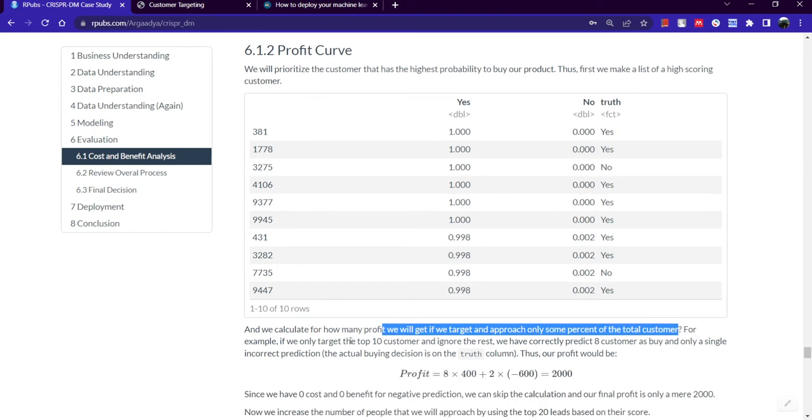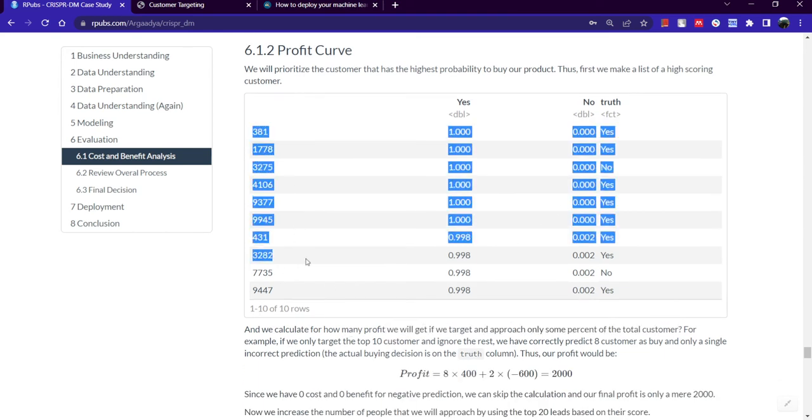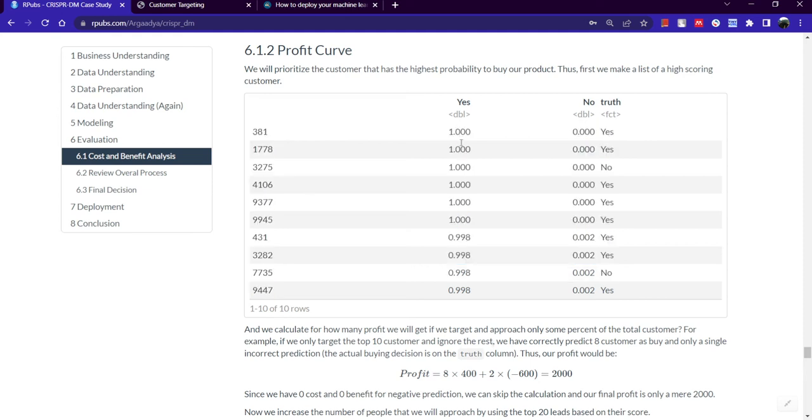So for example, if we target the top 10 customers and ignore the rest, just looking at how much profit we're going to make. So here it is just an example. In this case, if you count, those are potential, right? Because we have picked the top 10, that means we're going to spend the 600 to approach all these customers. Now the profit or the revenue is going to be generated only from 8 out of 10, because we got 8 of them yes, while no actually were under false positive.